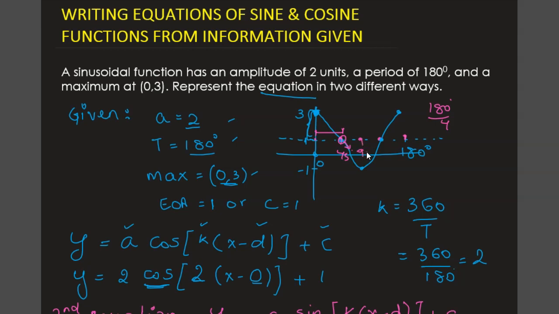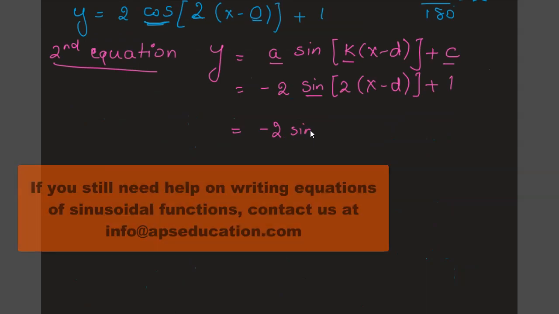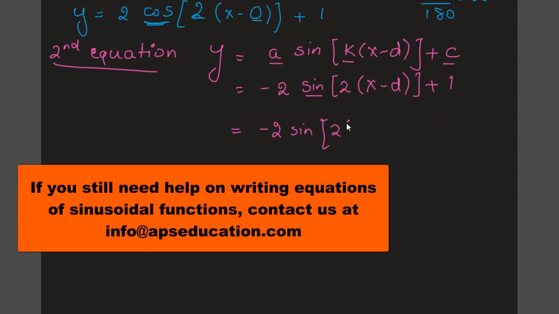The second point is at 90. The third point is at 135, and the fourth point is at 180. So in this case our phase shift is going to be 45 degrees. So all we have to do is write down this equation as y = -2 sin(2(x - 45)) + 1. This is our second representation of the equation for this particular question.